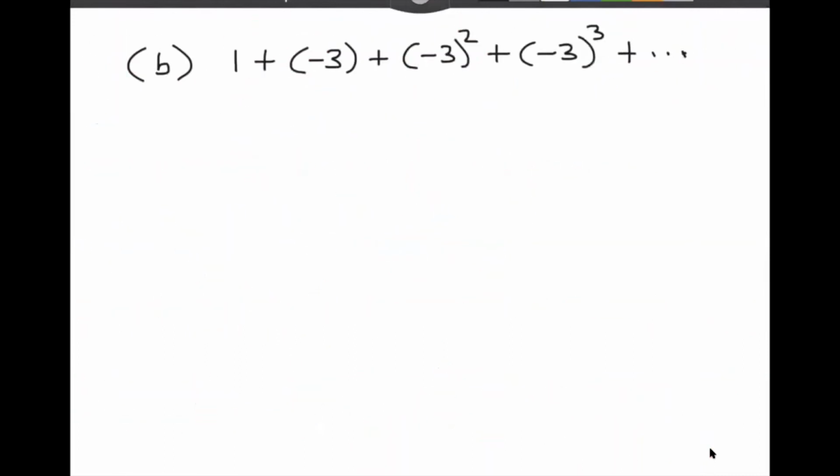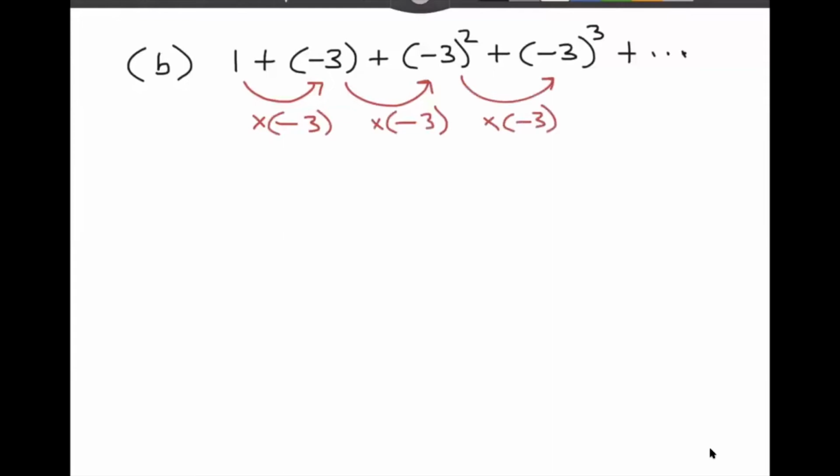1 plus -3 plus (-3) squared plus (-3) cubed, etc., etc. This is also a geometric series, and I know it's geometric because to get from one term to the next, you always multiply by -3. So I should put these in parentheses.